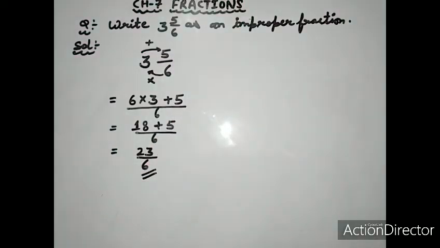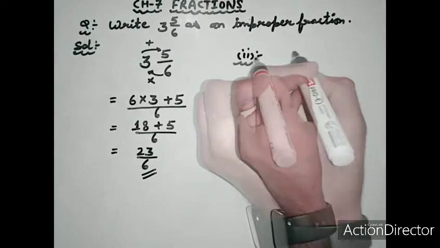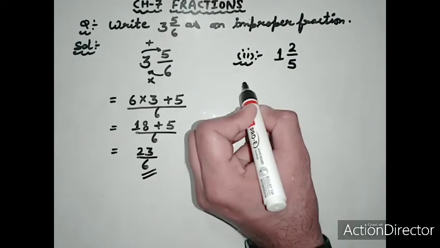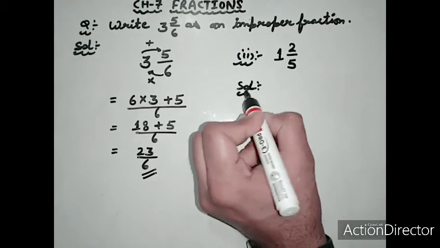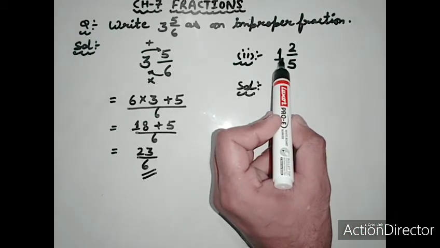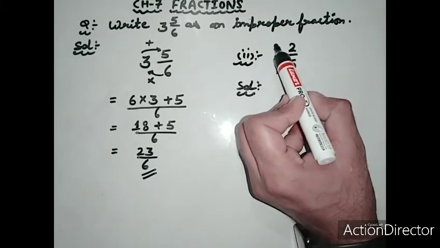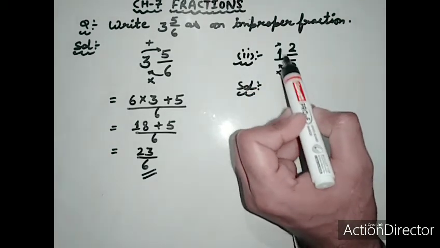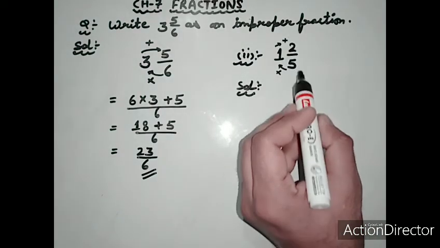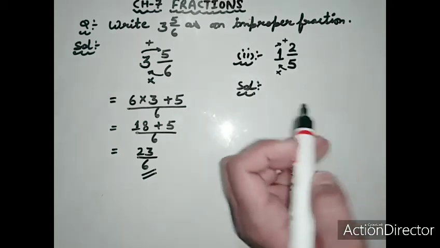Now we take another example related to this question: 1 whole 2 upon 5. We apply the same rule. First we multiply 5 and 1, and after that we add the product of 5 and 1 to 2. So 5 ones are 5, plus 2 is 7 upon 5.